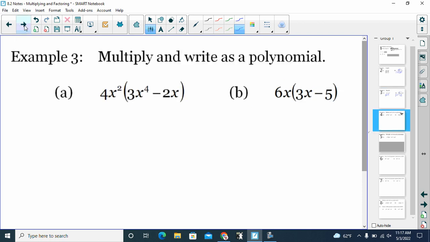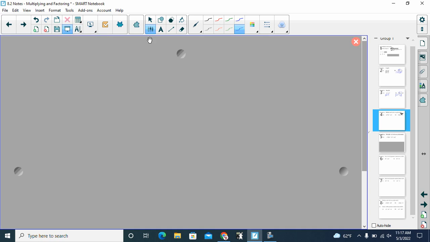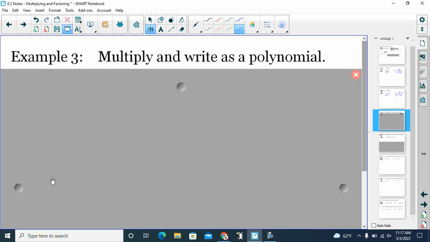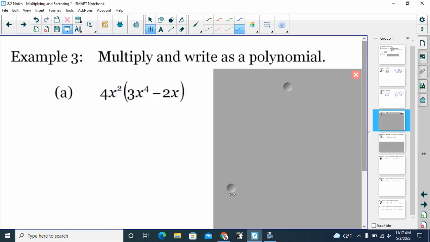Example 3 is new material. Example 3 asks us to multiply and write as a polynomial.